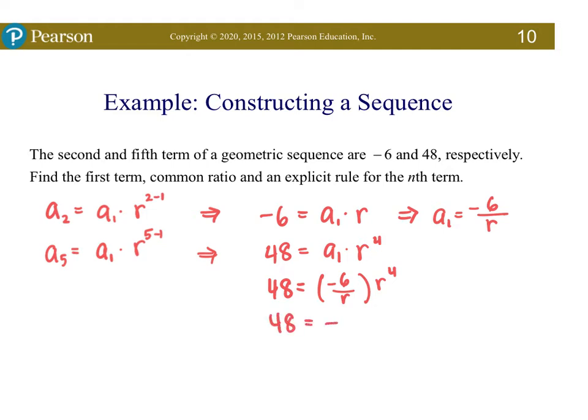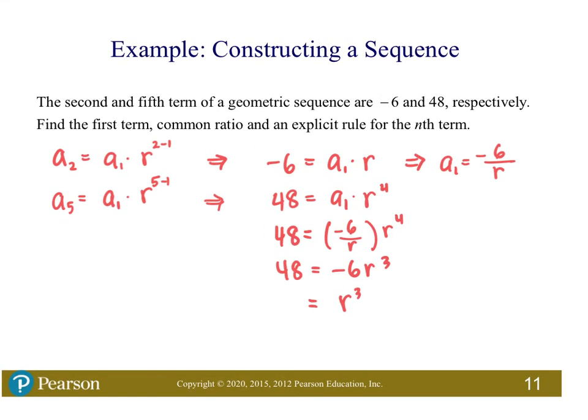So 48 is -6r cubed. So r cubed is 48 divided by -6, which is -8. So r must be -2. So I can figure out my common ratio using just some basic algebra.